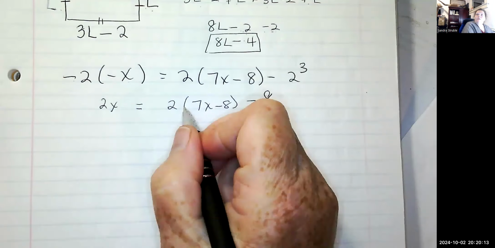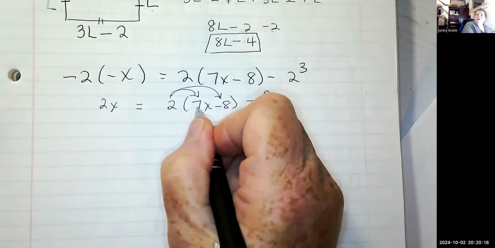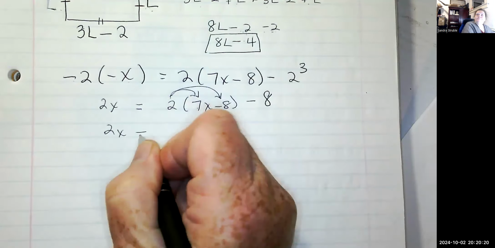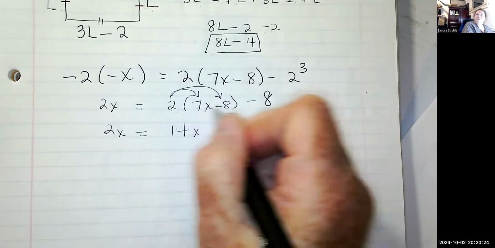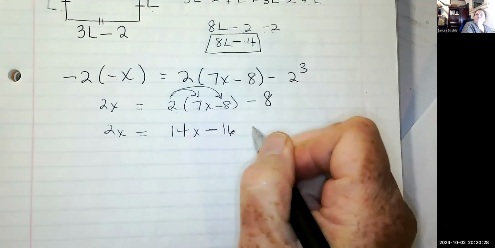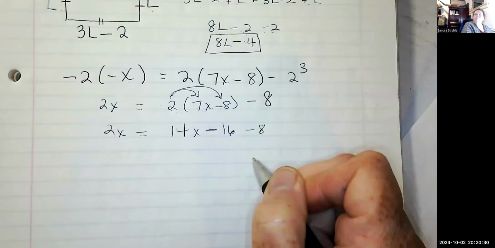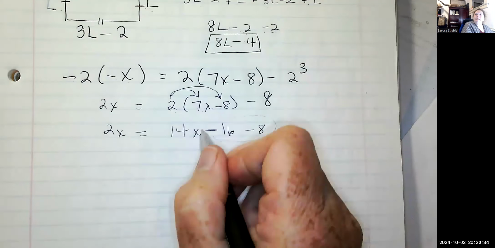Okay. Now I can distribute my 2 times 7x. 2 times 7 is 14x. 2 times 8 is 16. Negative times a positive is a negative. Bring down the minus 8. We can combine the negative 16 minus 8.